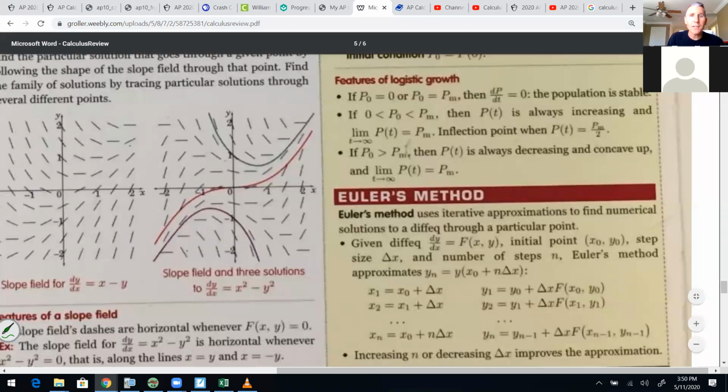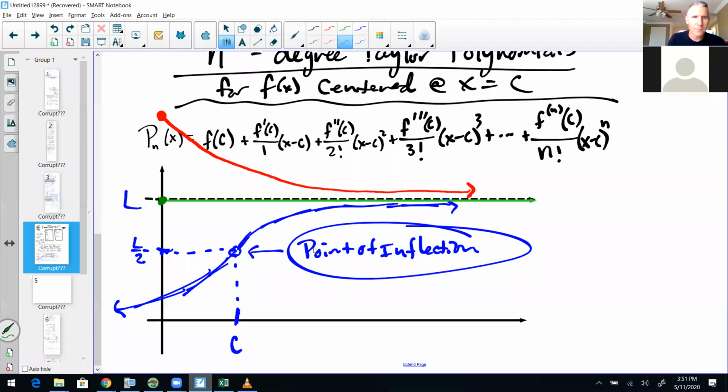Next, if the initial population is in between 0 and the carrying capacity, then the function's always increasing, and the limit as t approaches infinity goes to the carrying capacity. And the inflection point is when the population is exactly half of the carrying capacity, which is what I said on this thing, right? So the blue curve is always increasing.